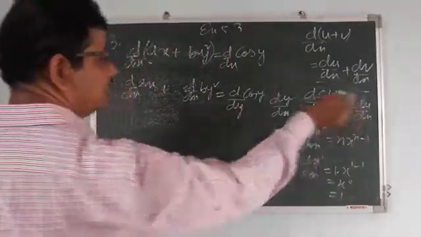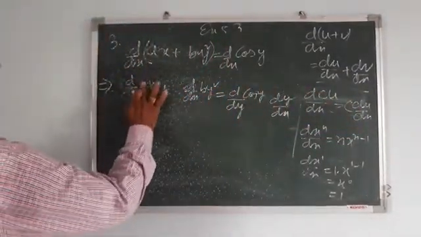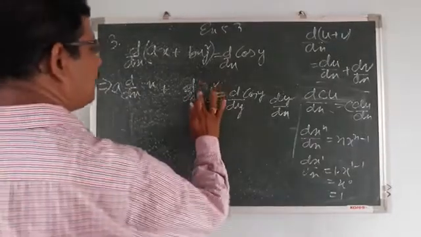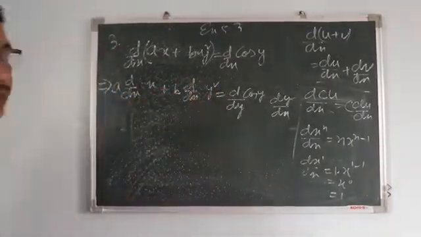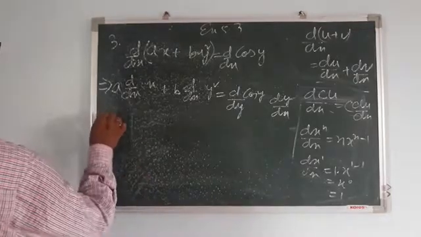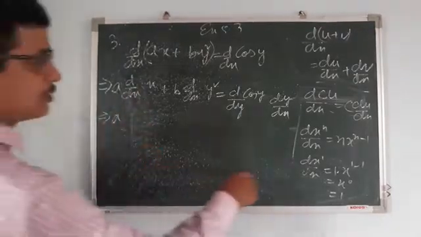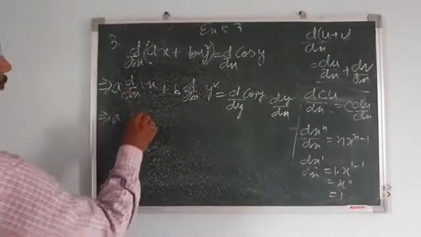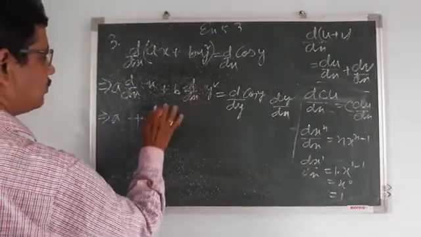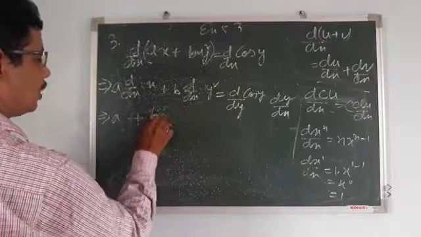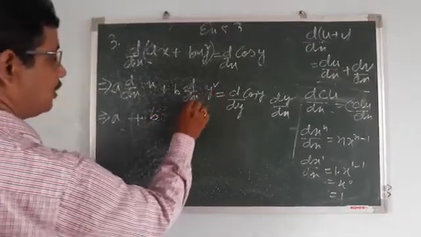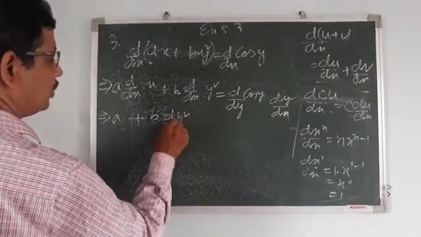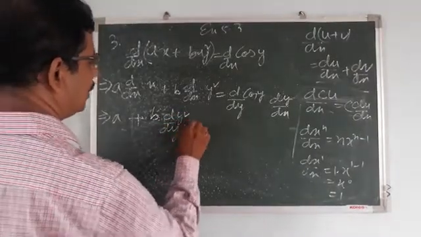Now a is a constant, a can be taken outside. b is constant, we can take b outside. Now see, dx/dx, it is 1. Here it is with respect to y², but it is with respect to x. So we have to use chain rule here.